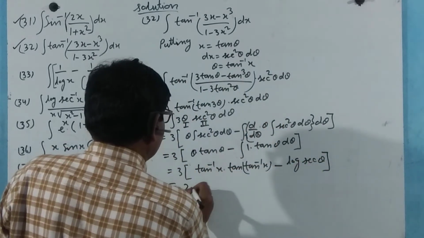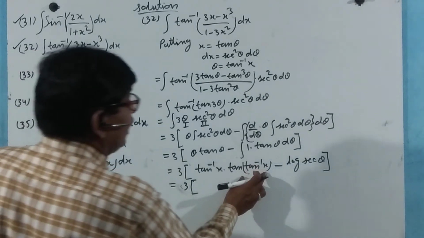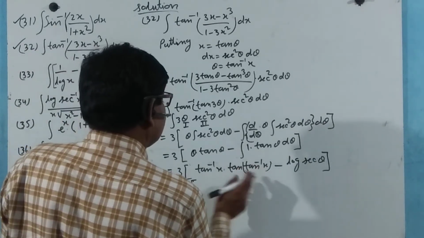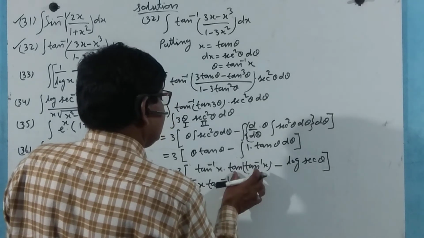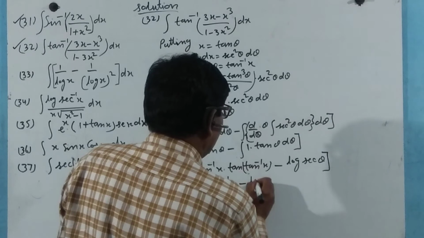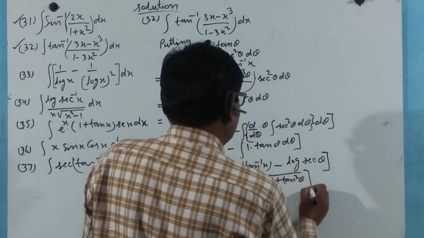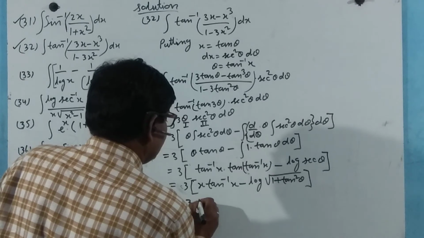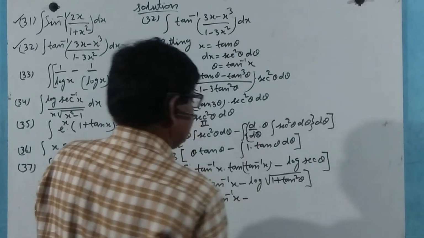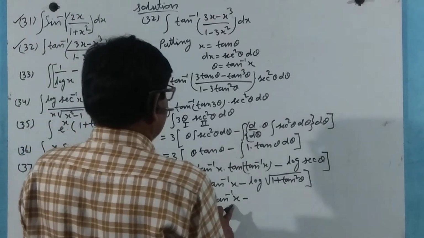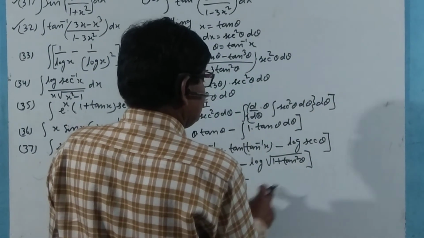Now here, tan of tan inverse x is equal to x, in this case, so x tan inverse x, and this x comes here, minus log sec theta, which is the square root of 1 plus tan square theta, so that this is equal to 3 x tan inverse x minus log 1 plus tan square theta.